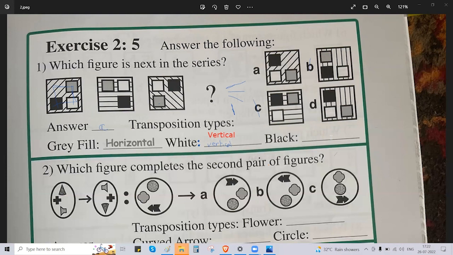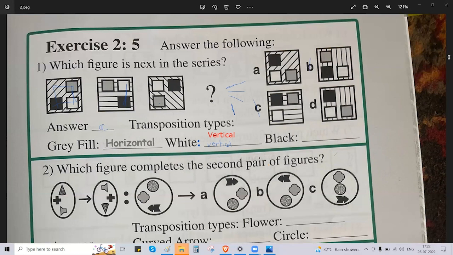Why not horizontal? Because it goes kind of like this. It goes up. So you can see it going up. So then in the transition to the answer, it goes this way.